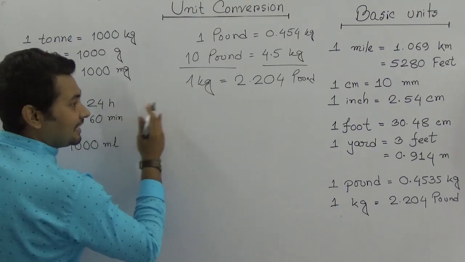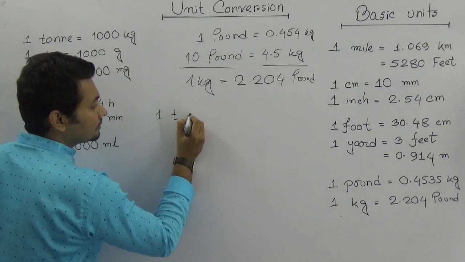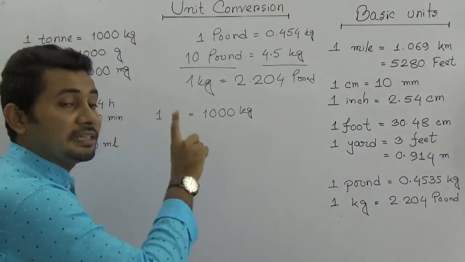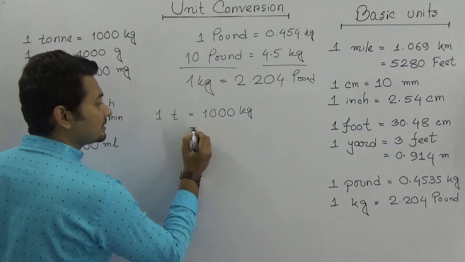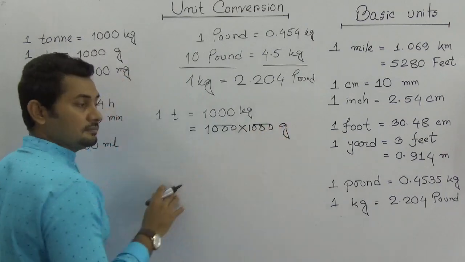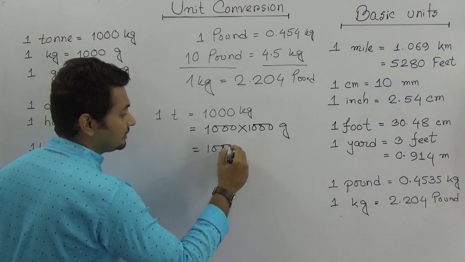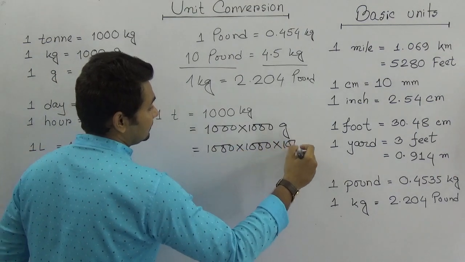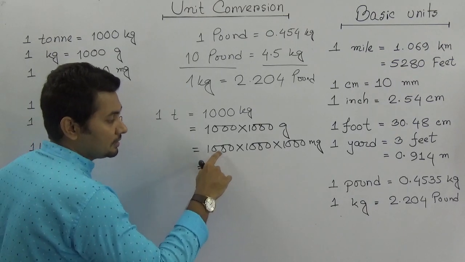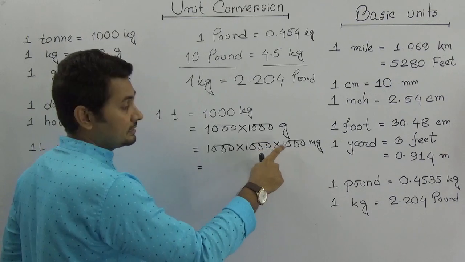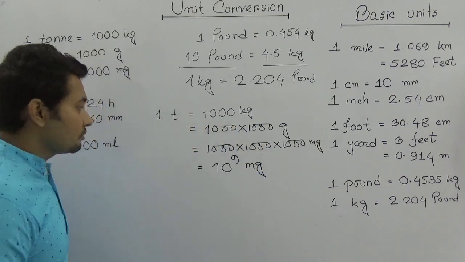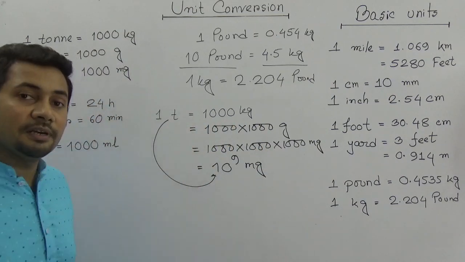So 1 ton is 1000 kilogram, and 1 kilogram is 1000 gram, so 1000 times 1000 gram, and 1 gram is 1000 milligram. So 1 ton is 10 to the power 9 milligram.